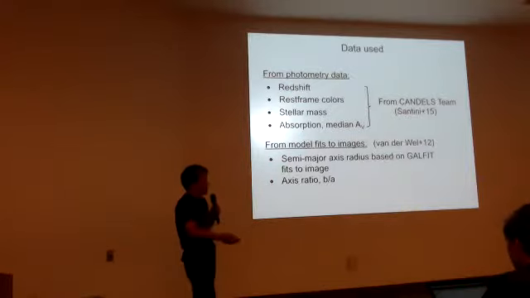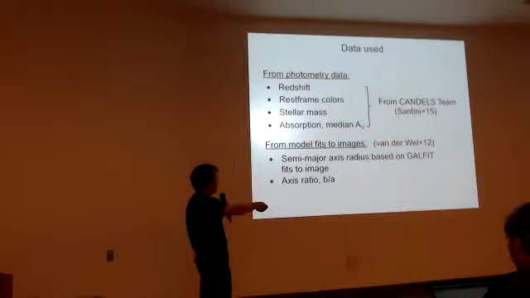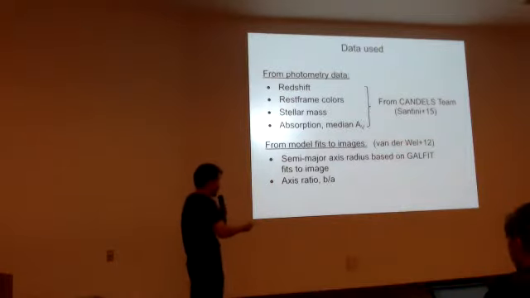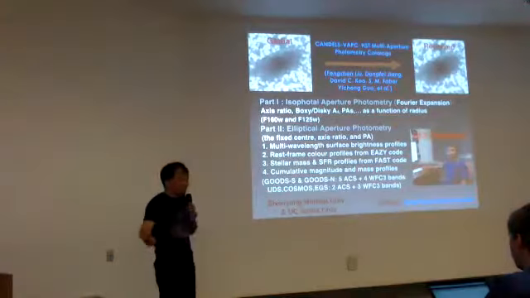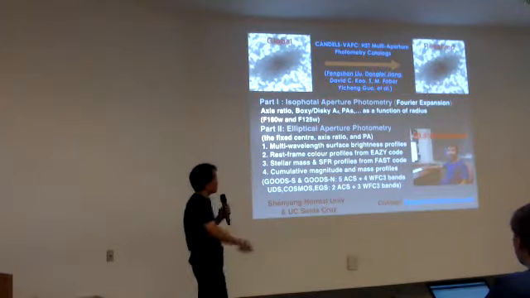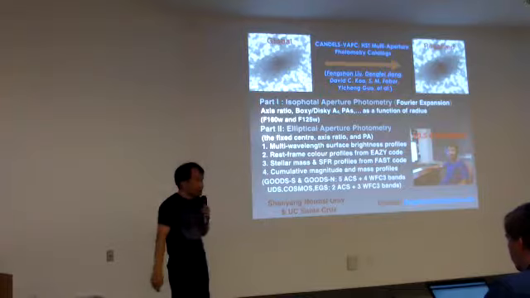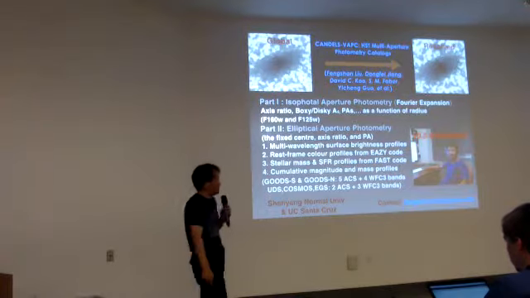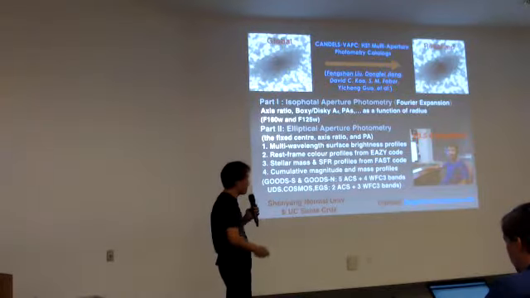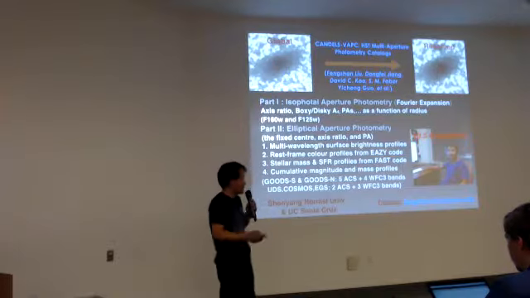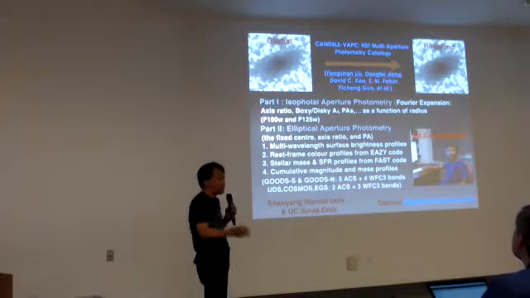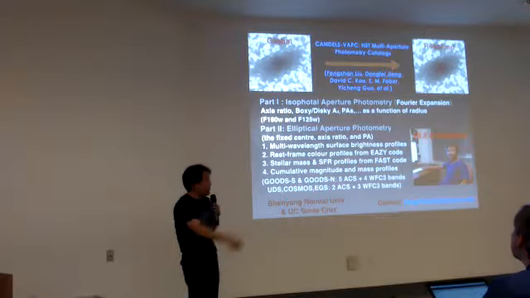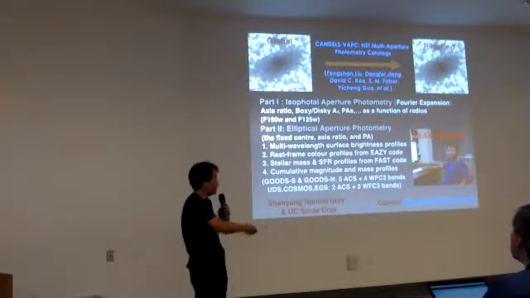You can find details in Santini et al. and van der Wel's papers. The spatially resolved data come from our own multi-photometry catalogs. These catalogs are available to all CANDELS members and close collaborators only. If other people are interested in these catalogs, you can email me.